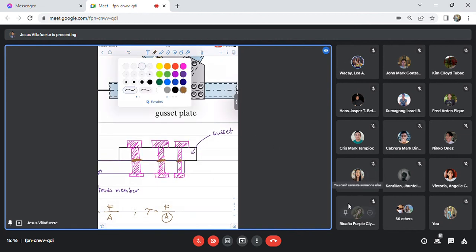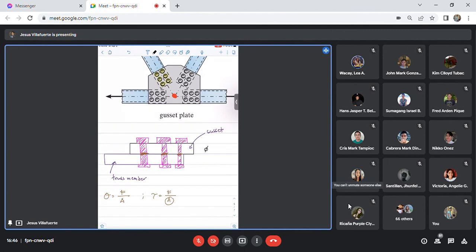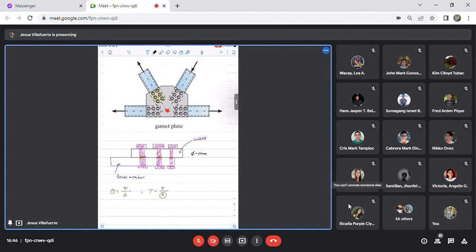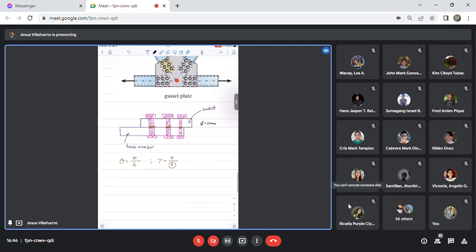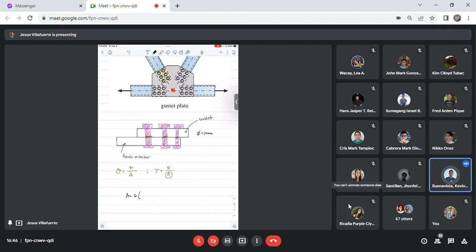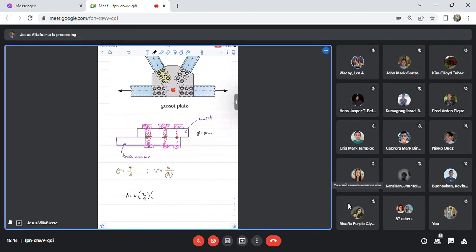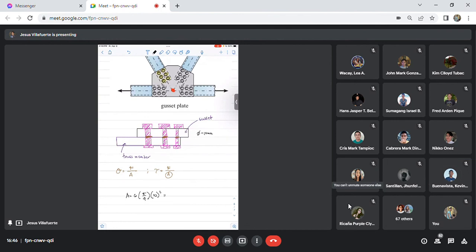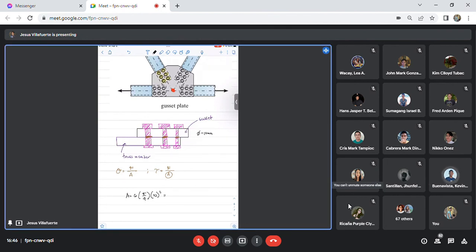In these bolts, what is our shearing area? Let's say the diameter of the bolt is 10 mm. So what is your shearing area? The area is pi over 4 times 10 squared, so 100 divided by 4 is 25 pi.